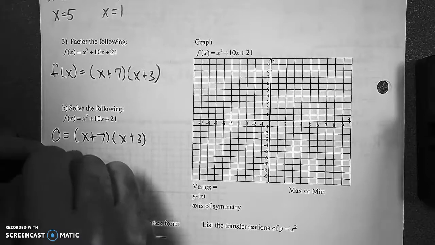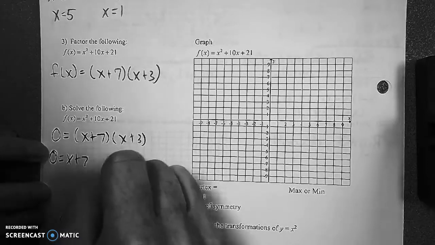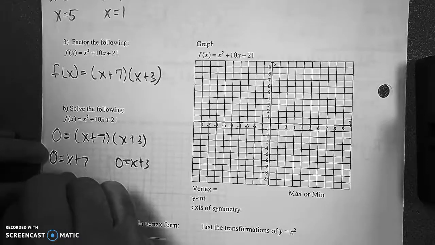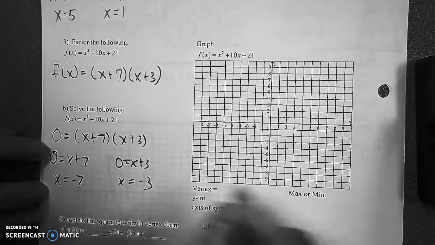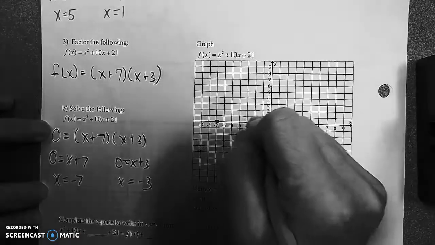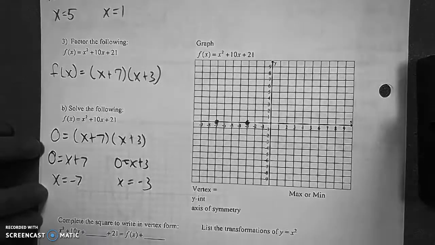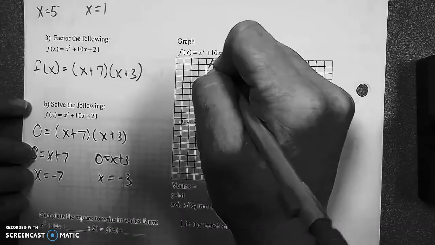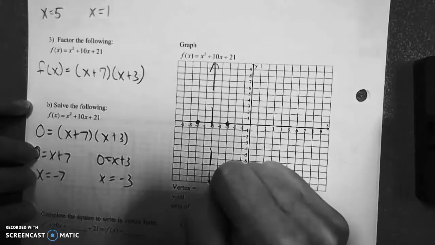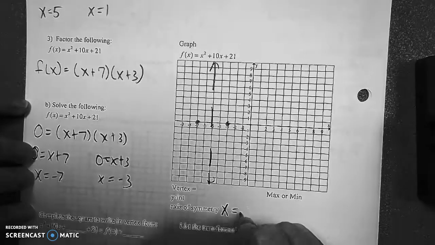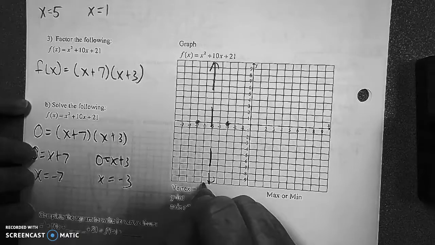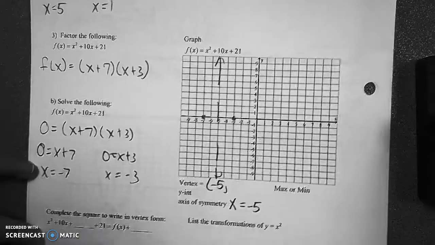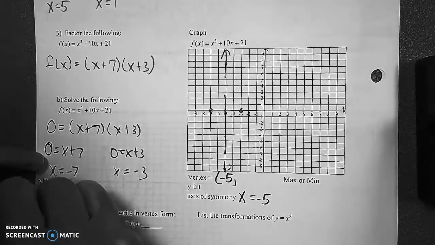So according to the zero product property, I get -7 and -3. Then I find the middle. That's where my axis of symmetry is. Not only is that the axis of symmetry at -5, but it's also the x value of the vertex.